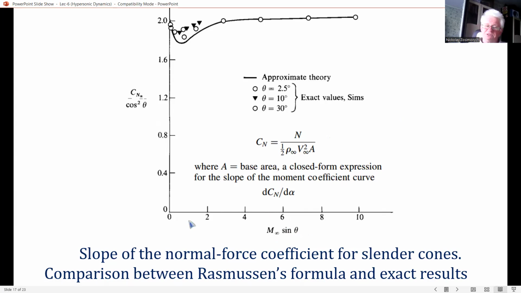The open symbols are exact results from Kopal. And the solid line here, as you can see on the top, with theta c replaced by sine theta c, shows an excellent agreement, obtained even for a reasonably large cone semi-angle, nearly 30 degrees.